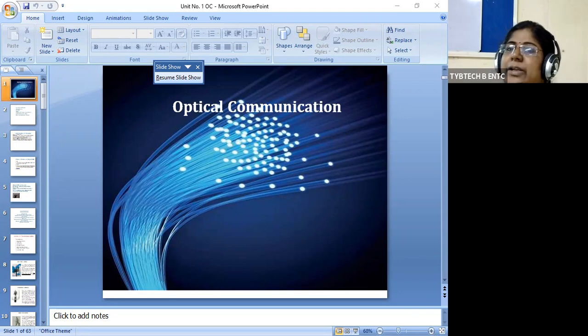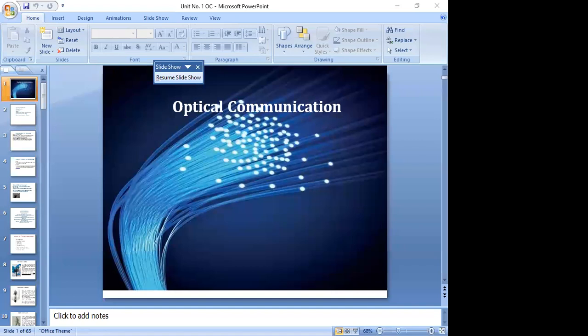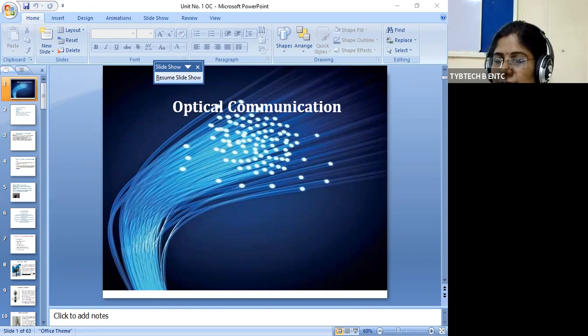So what is the relation between frequency and wavelength? Can you tell me any formula which gives the relationship between the frequency and wavelength of any signal? Twice FM, that is actually the bandwidth of AM. I am asking you for the formula which gives the relationship between frequency and wavelength of any signal, whether it is inversely proportional or directly proportional.